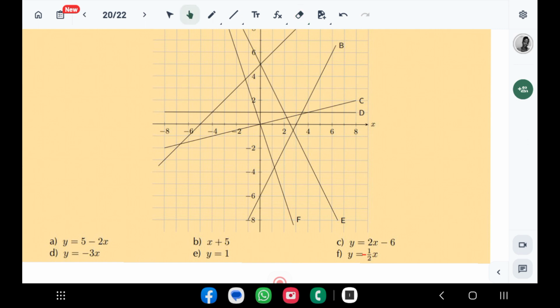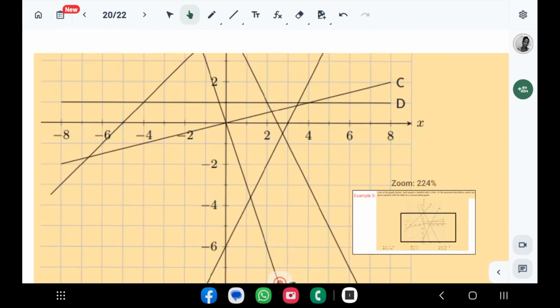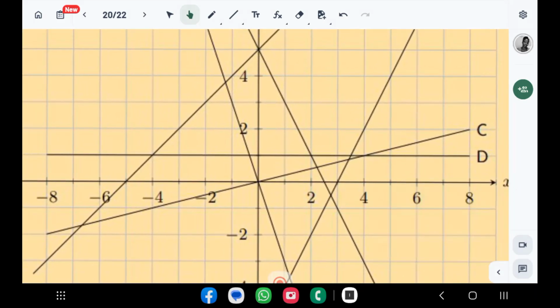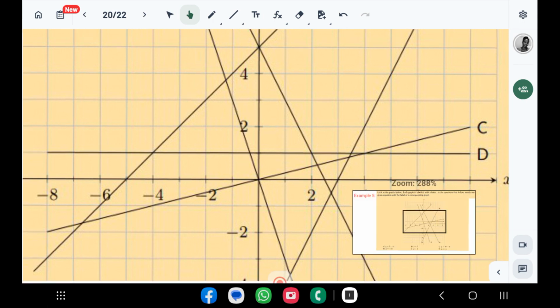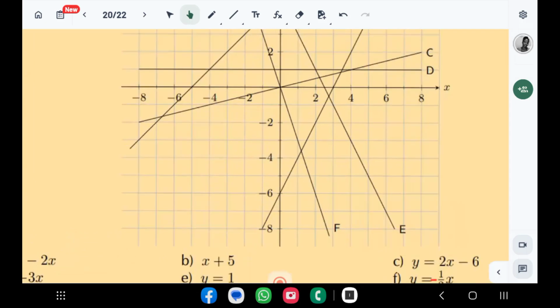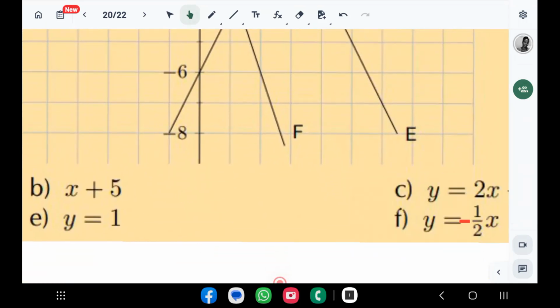Let's look at this graph. It has an x-intercept of 0, so it meets the x-intercept there. Then when you take it to the left, one left, and you go 1, 2, 3, it matches with this graph. It matches with D. So F matches with D.